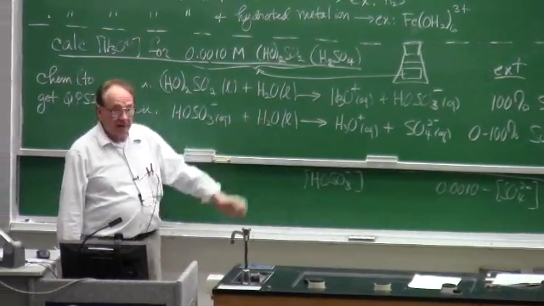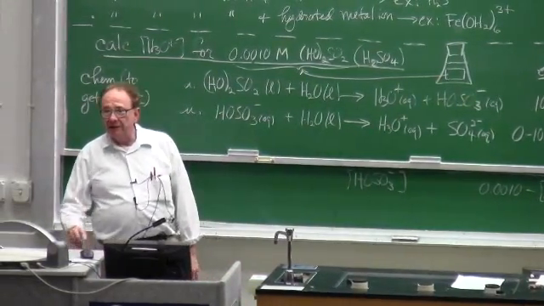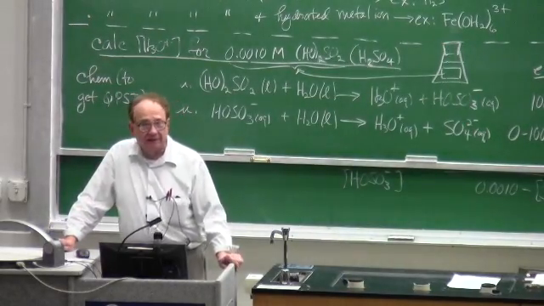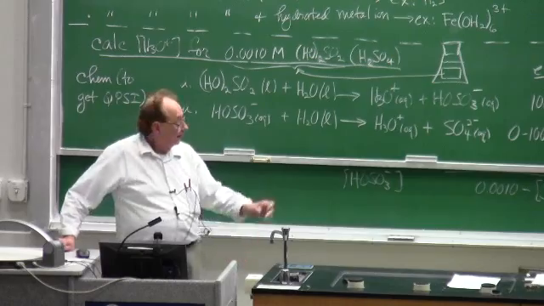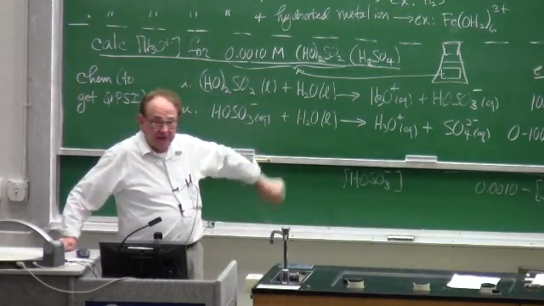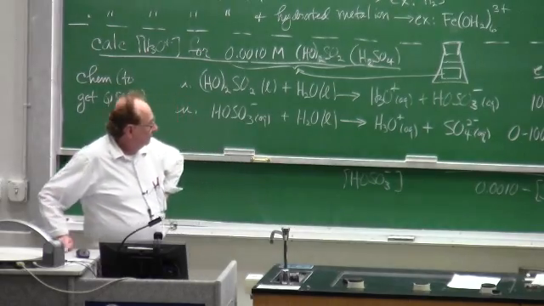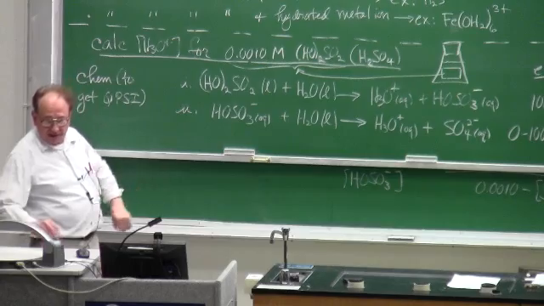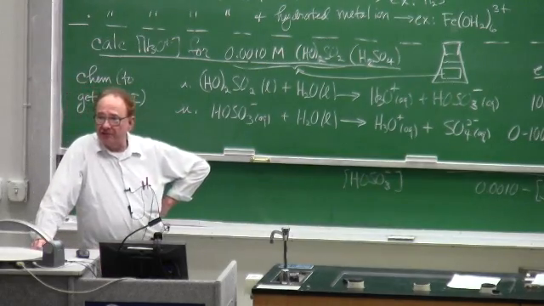Well, if this goes 100%, that means the hydronium ion concentration in the solution has got to be at least what? This. Can't be smaller than that, because this goes 100%. Now, will that be the solution hydronium ion concentration? In most cases, no.